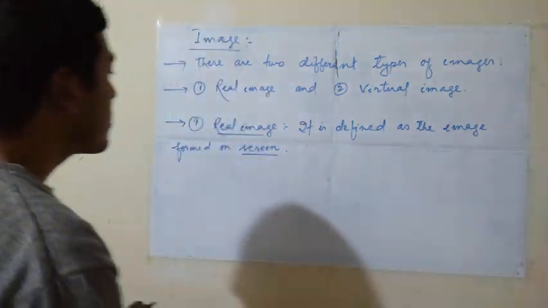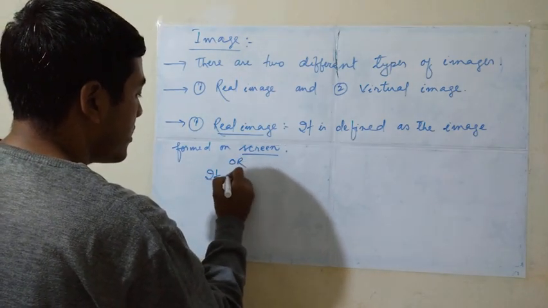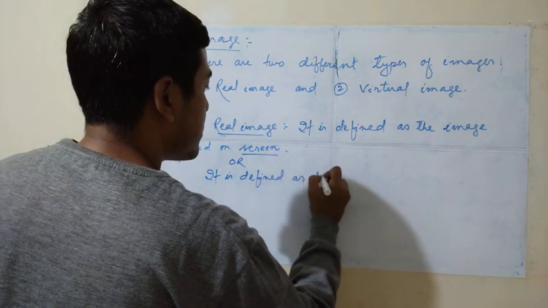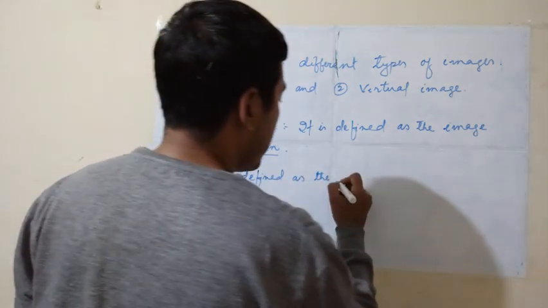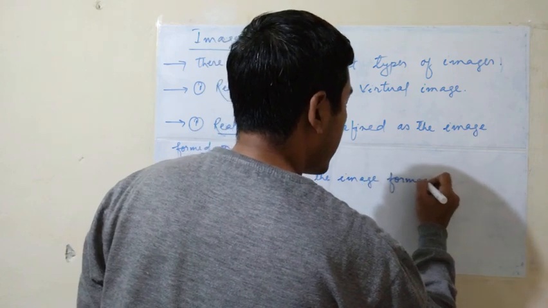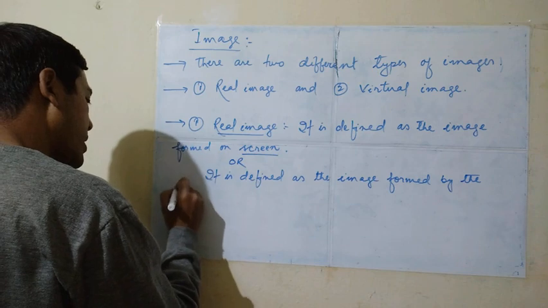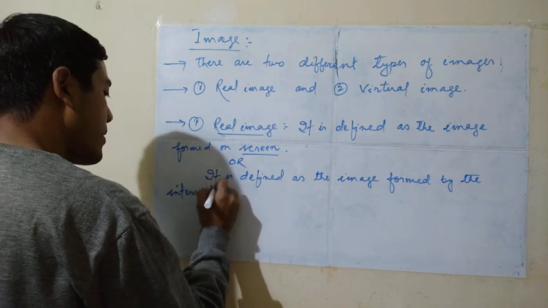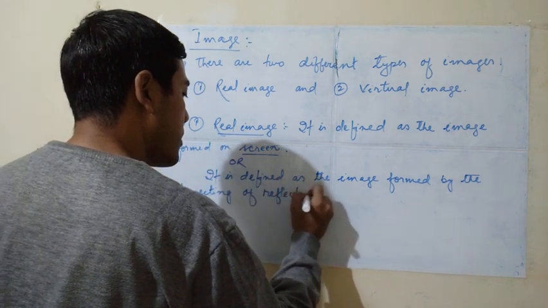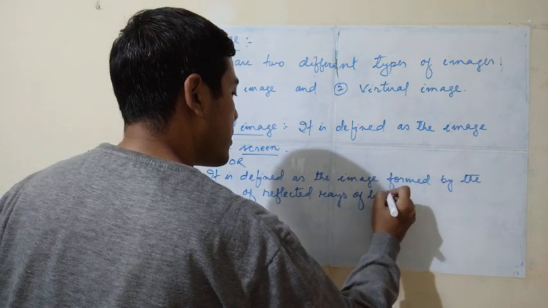Now look here, another definition of the real image: it is defined as the image formed by the intersecting of reflected rays of light.